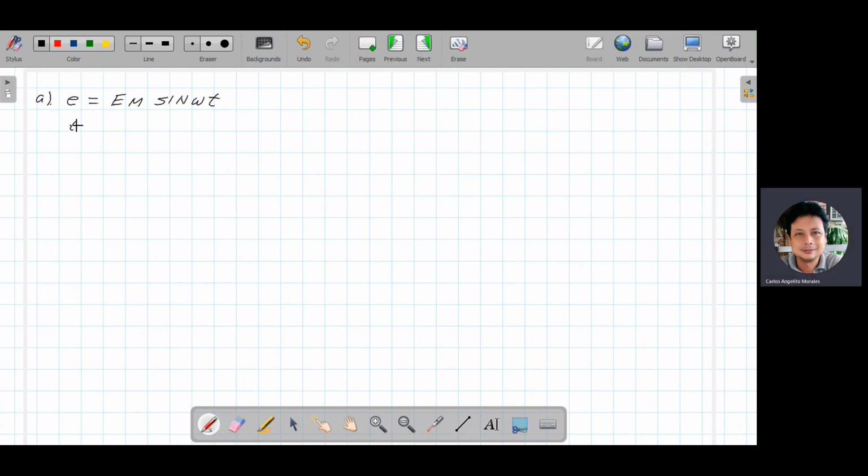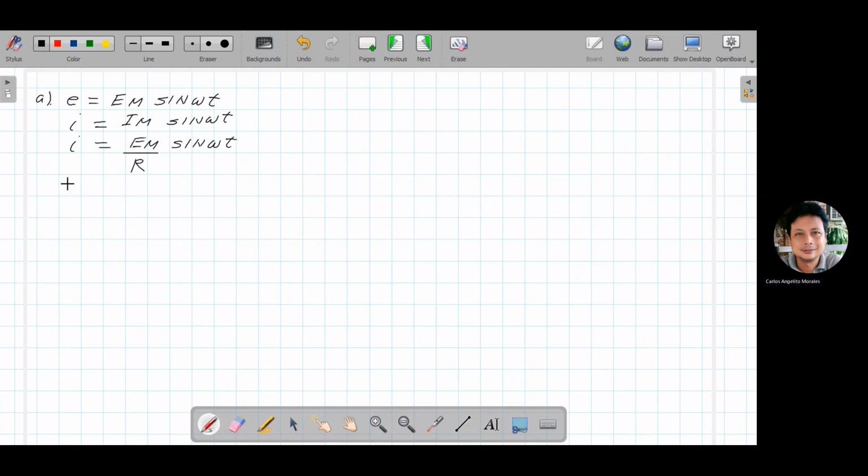So I is equal to I maximum sine omega t. So I is equal to, yung I maximum has a formula of E maximum over R, sine omega t.